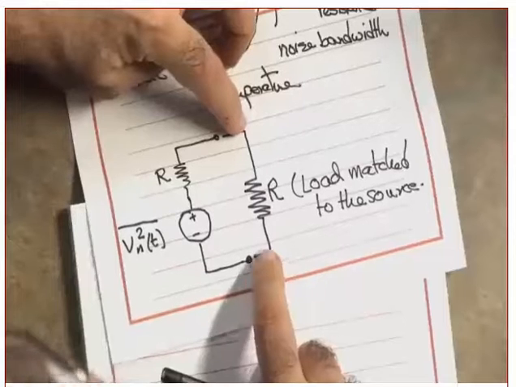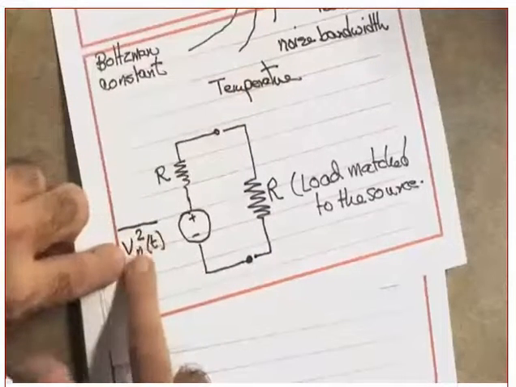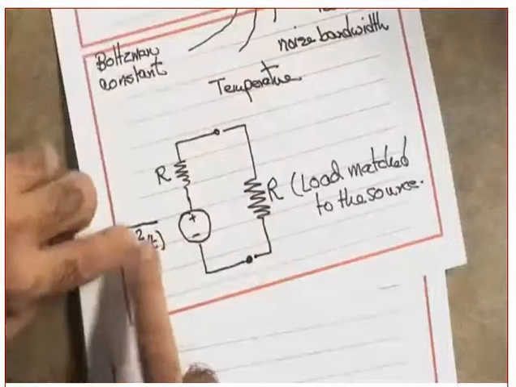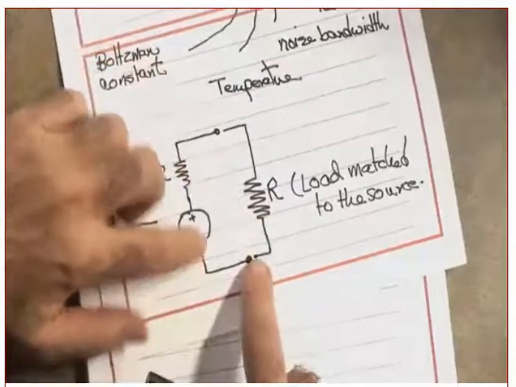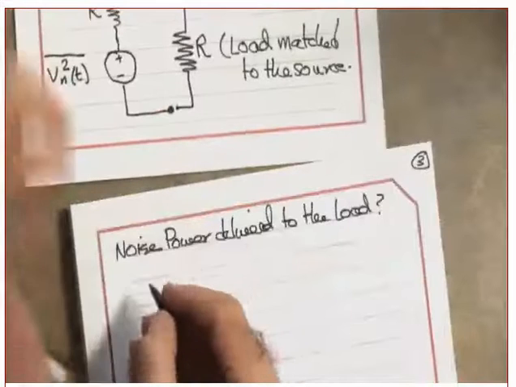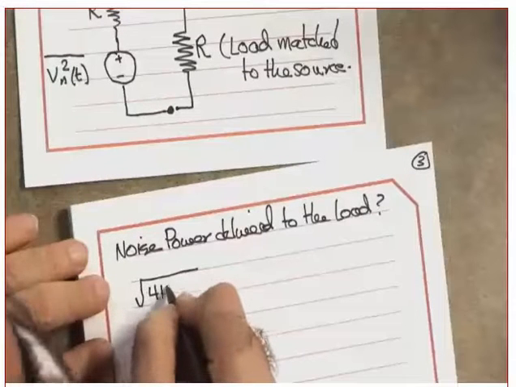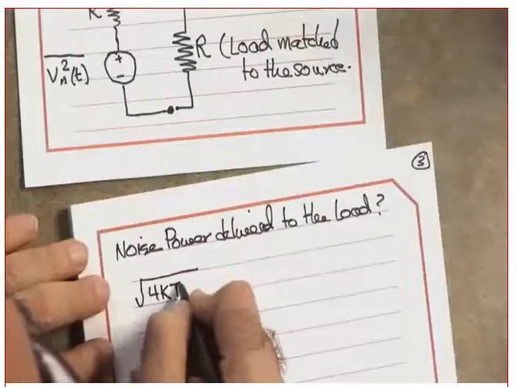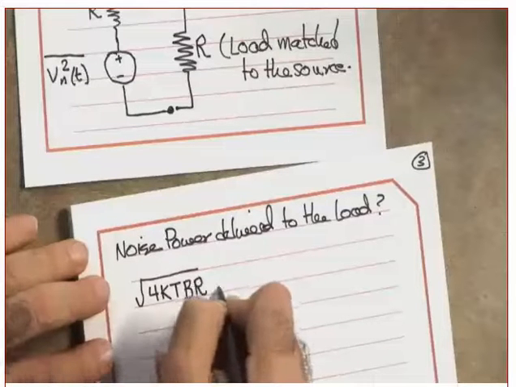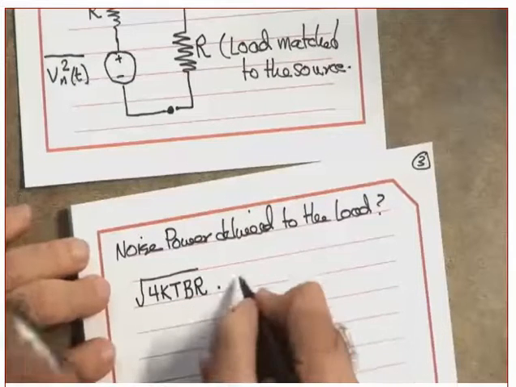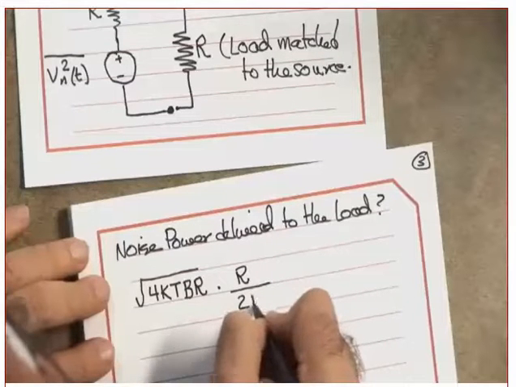Not the power, the voltage. The voltage is the square root of 4KTBR, times R over 2R.